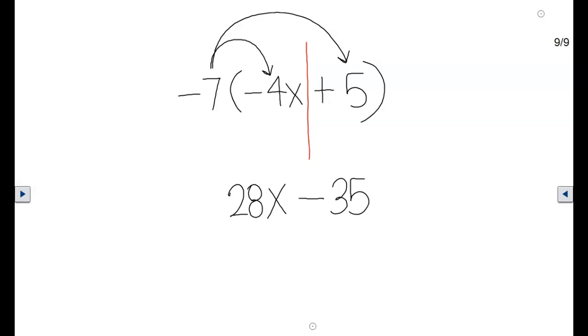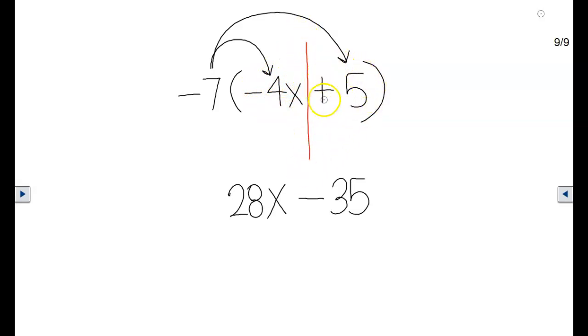So to recap, distributive is still working the same way. We haven't changed a thing. But what we're doing is changing the way we go about getting these answers. We are no longer grabbing this sign and writing it down here. What we're doing instead is dividing our group into the two members. So negative 4x, draw that line.